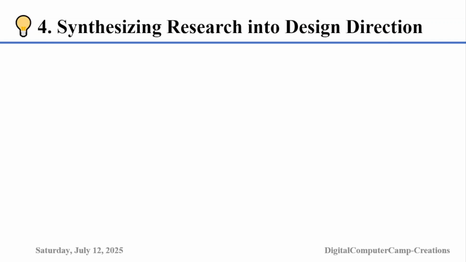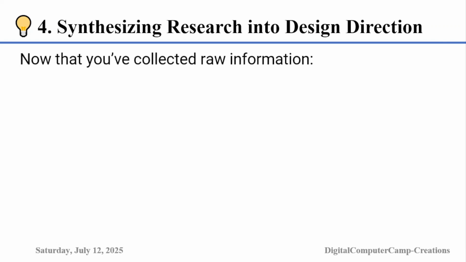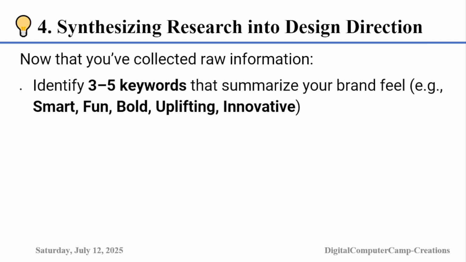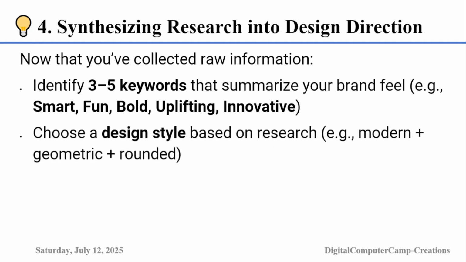Now, synthesizing research into design direction. Now that you have collected raw information, identify 3 to 5 keywords that summarize your brand feel, for example smart, fun, bold, uplifting, or innovative. Then choose a design style based on research, for example modern, geometric, or rounded.